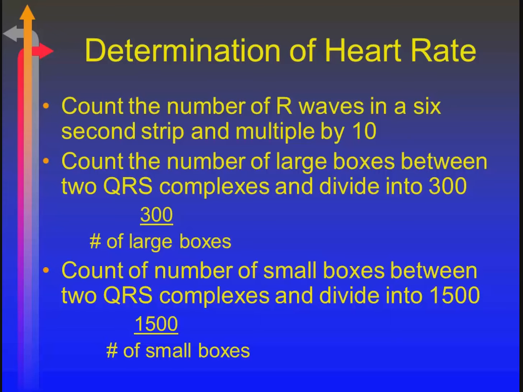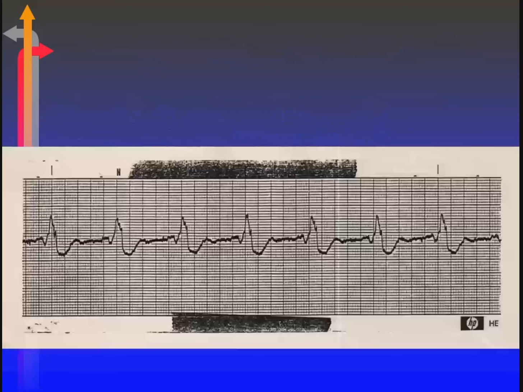And even more precise, count the number of small boxes between two adjacent QRS complexes and divide that number into 1500. Now, in theory, they should all be relatively close, but the last one's going to give you the most exact of all of them.